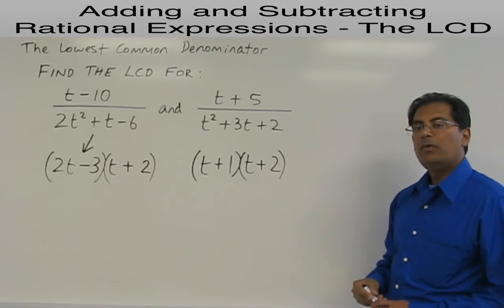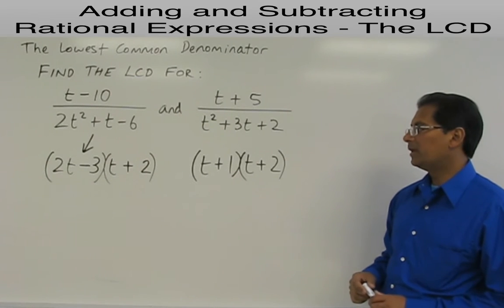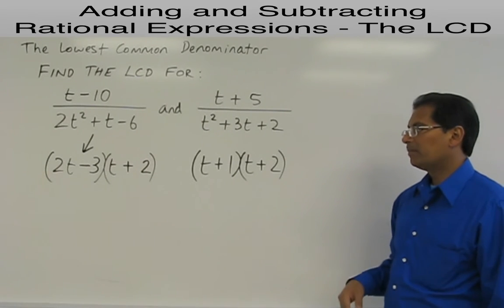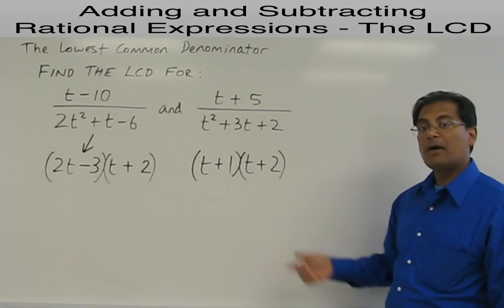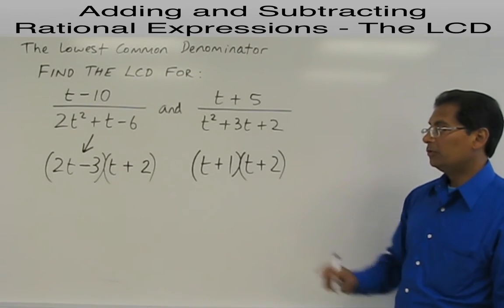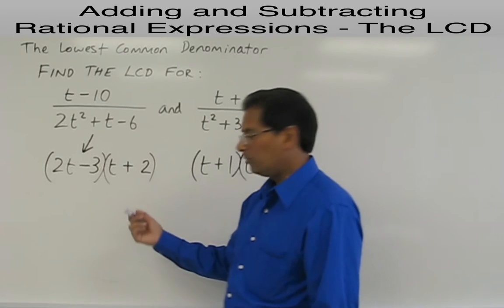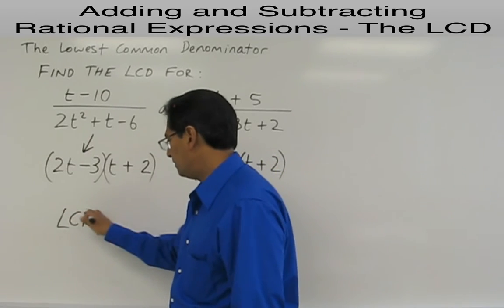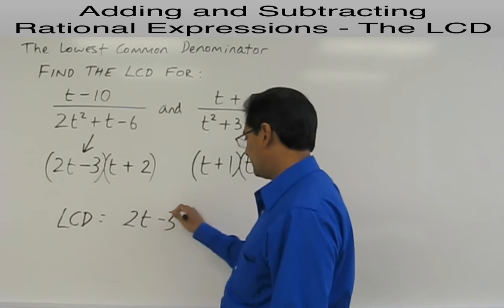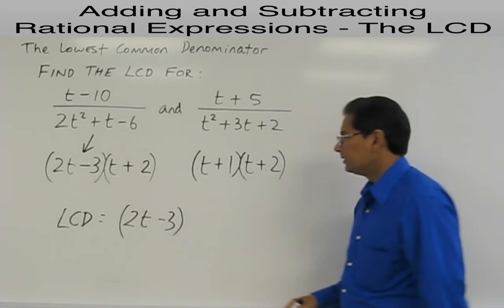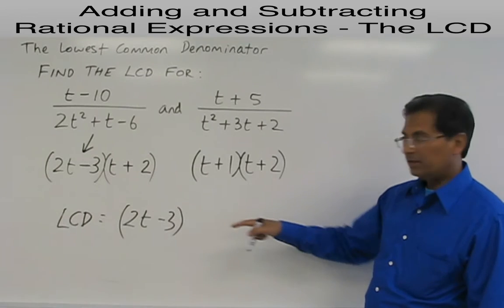Now we want to find the LCD of these denominators. We pick each factor and write it the most number of times that it occurs, or the highest power on it. For example, 2t minus 3 occurs 1 time. So my LCD is going to be 2t minus 3, which happens 1 time in this factor.